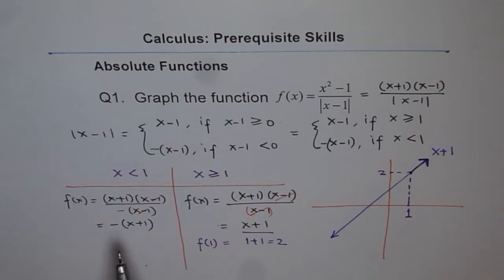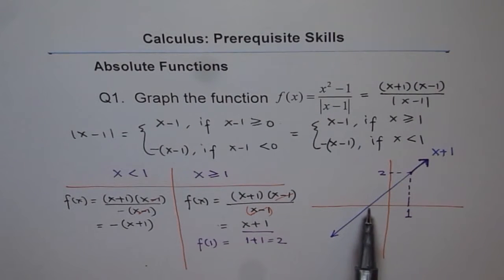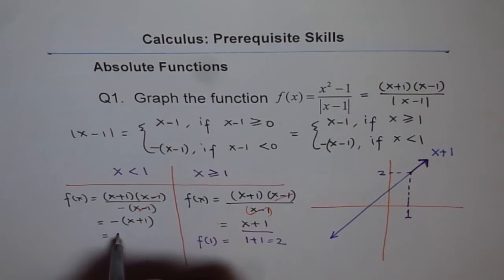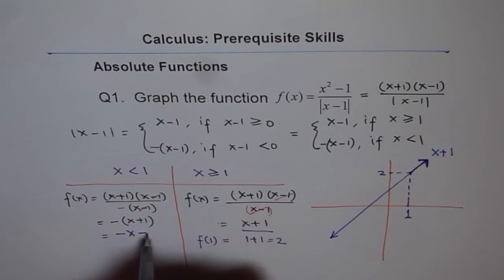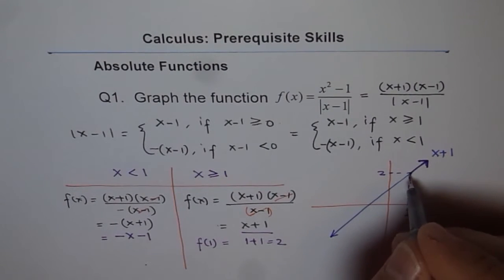But if x is less than 1, if it is on this side, in that case the line gets reflected. Do you see? It is in that case equal to minus x minus 1. Do you get it? So this line from here to here gets reflected.